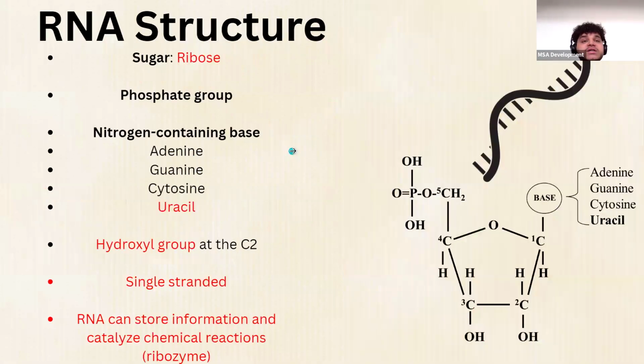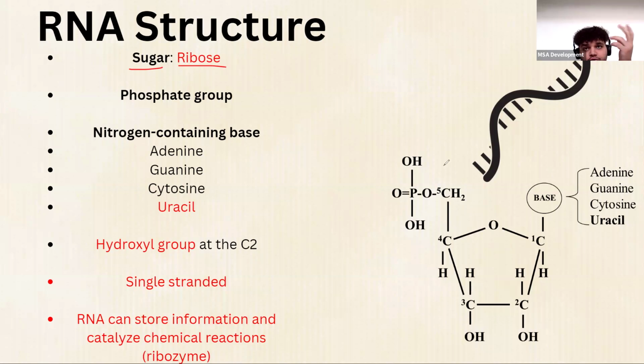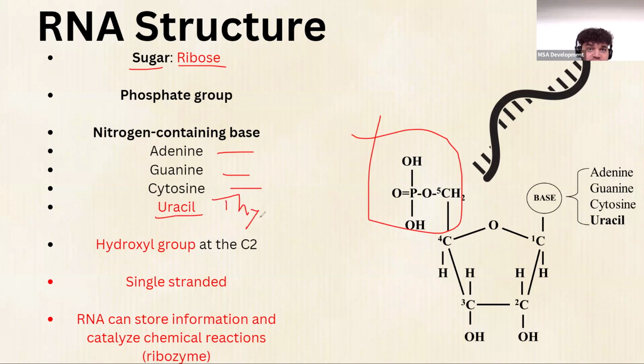Moving on, the RNA structure. What's the difference between RNA and DNA? First off, the sugar. The sugar in RNA is ribose, whereas in DNA we said it's deoxyribose. Okay. We have a phosphate group, just the same as DNA, on the 5 carbon. We have nitrogen-containing bases, adenine, guanine, cytosine. However, we have uracil. We don't have thymine like DNA. We have uracil here. Remember this, it is really important, okay?